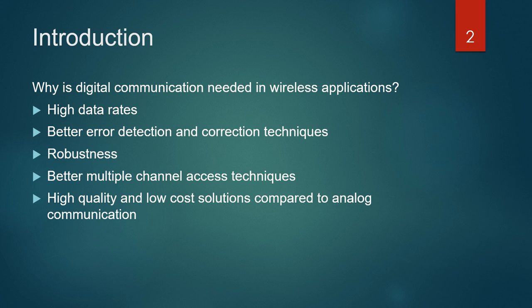Improvements to error detection and correction techniques, encoding and decoding mechanisms, signal conditioning, multi-carrier techniques, and equalization, along with the advent of digital modulation schemes, have made it possible to achieve very high-quality, low-cost solutions in the field of digital communication systems. All these factors have made digital communication the most suitable choice for wireless applications.